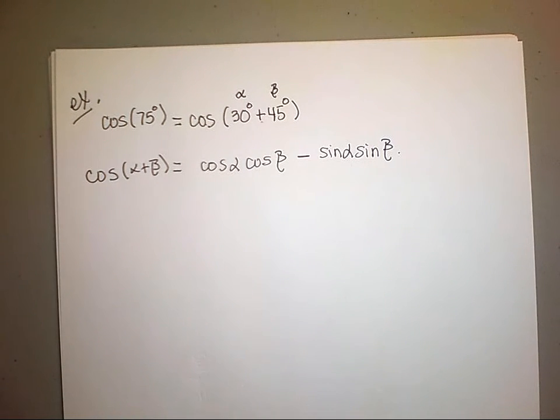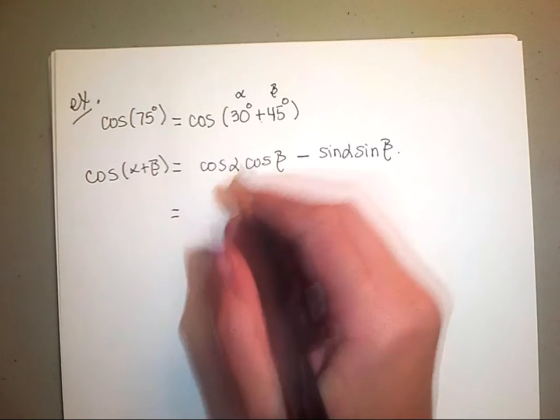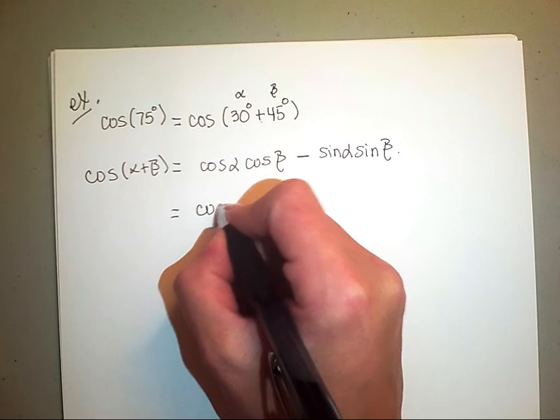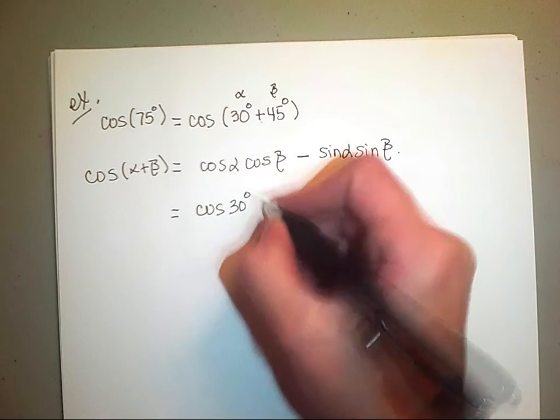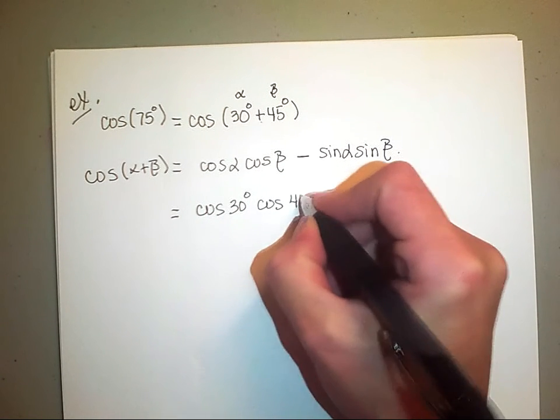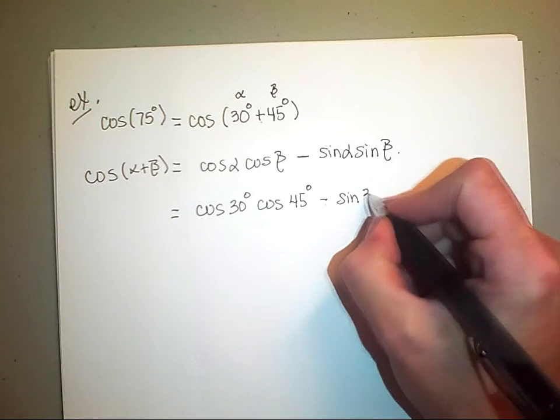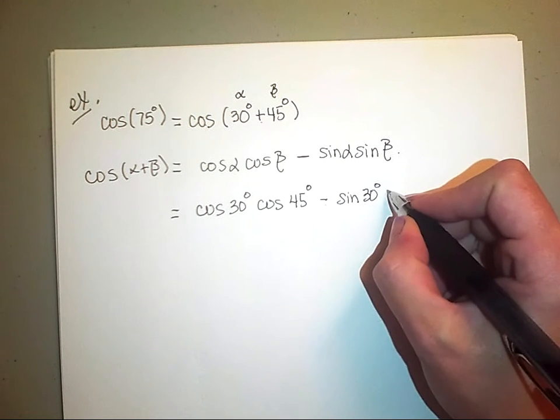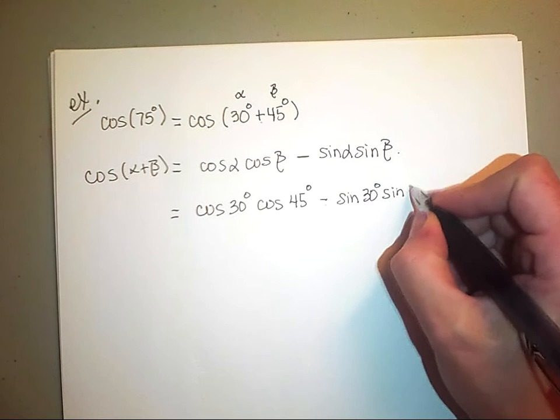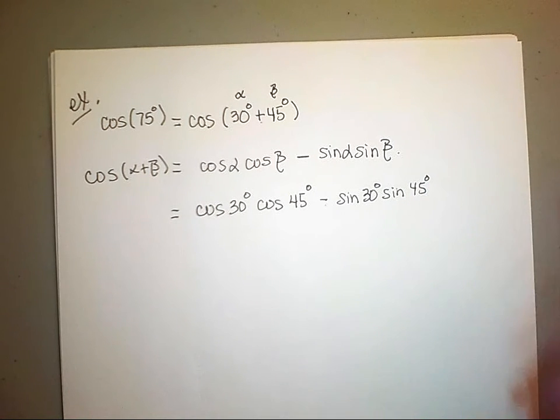Now all we have to do is substitute in. So the cosine of alpha in this case is 30 degrees. Then we'll take the cosine of 45 degrees, which is beta, and then subtract off the sine of alpha, which is 30, and the sine of beta, which is 45.